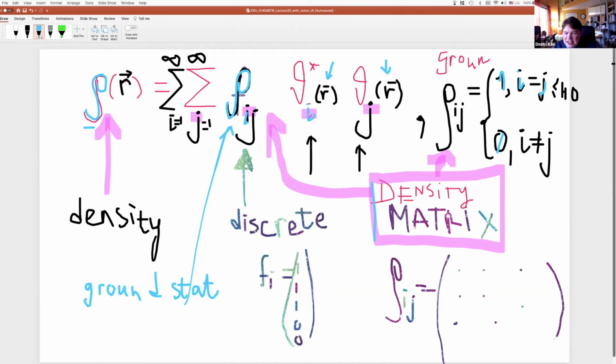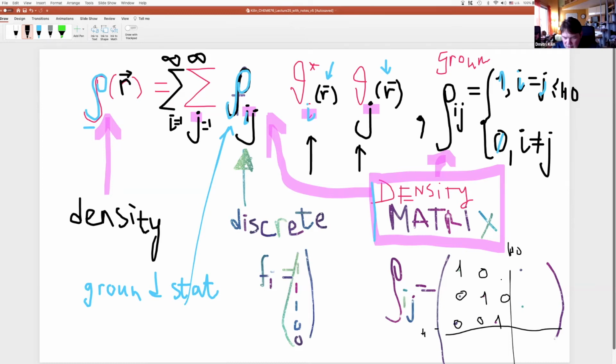And this condition to have ones and zeros can be written this way. It will be 1, 1, 1 until we meet HOMO. So on the main diagonal it will be ones, and on the off diagonal we will have zeros.